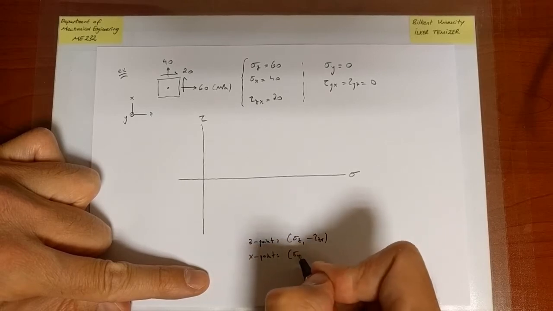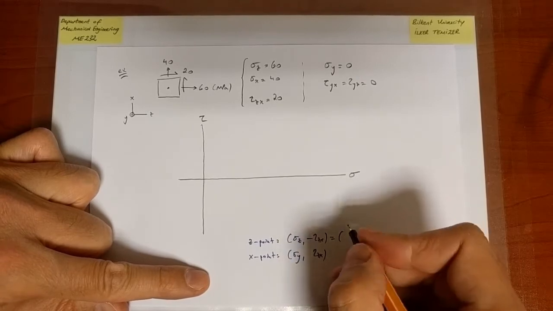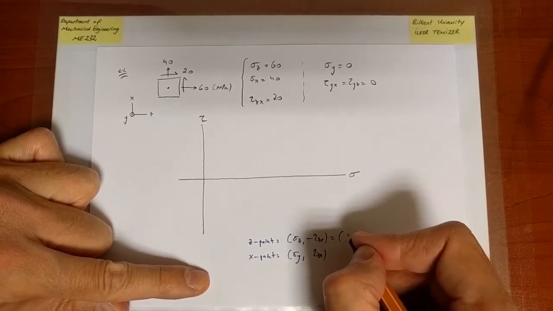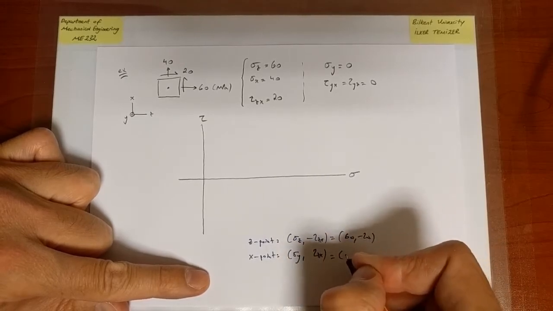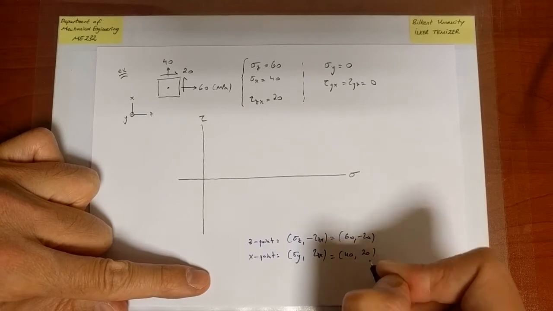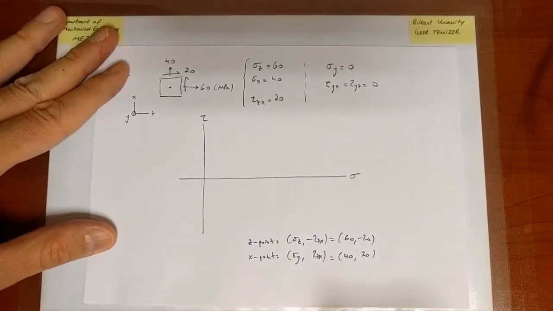This is the x point, sigma x, plus tau zx, and so this is going to be equal to 60 minus 20, that is going to be equal to 40 plus 20. That's our default choice.